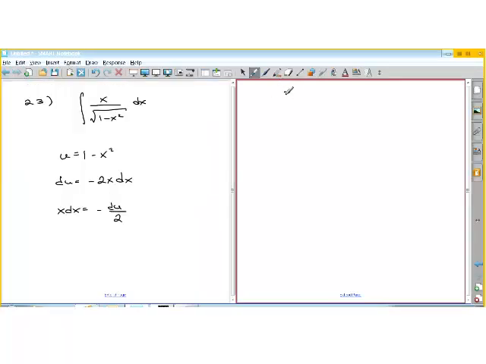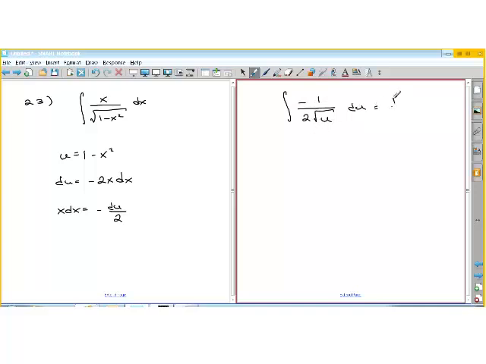So we can rewrite the original integral. X dx is negative du over 2, and then I have the square root of u. So u is 1 minus x squared, so the square root of u.